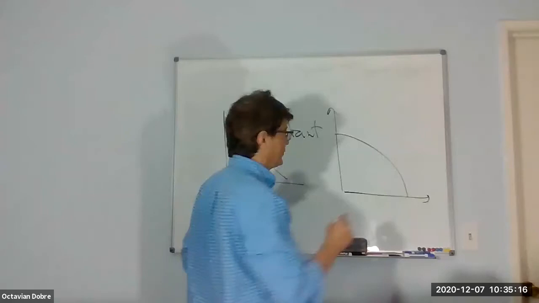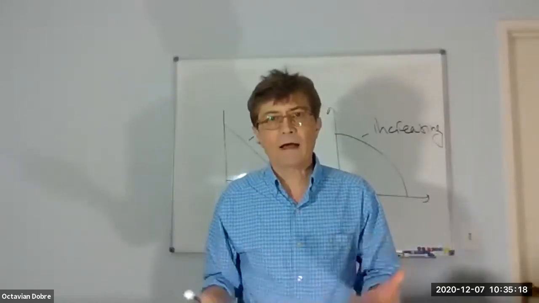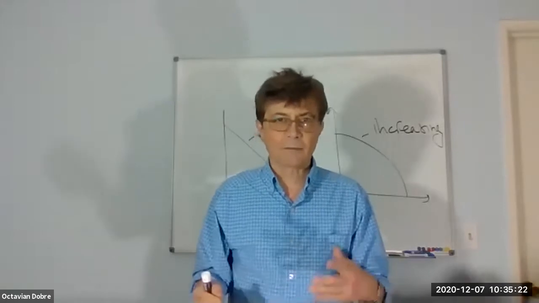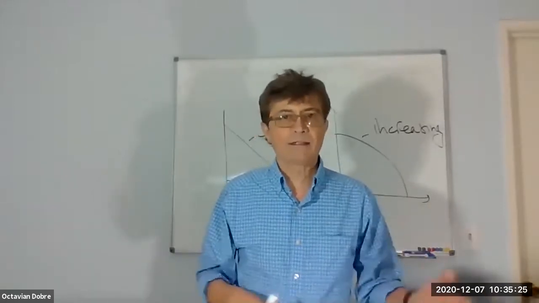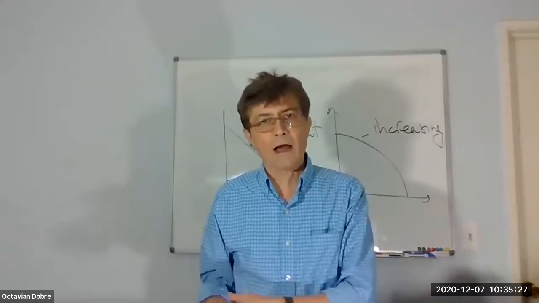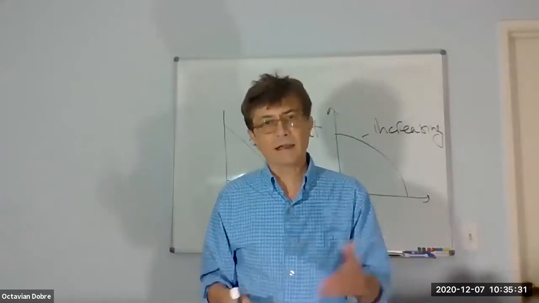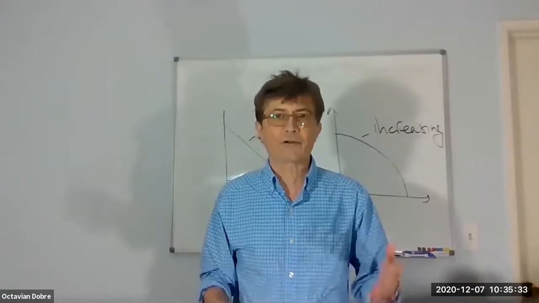Then we looked at supply and demand. And supply and demand shows the relationship between price and quantity supplied and price and quantity demanded. In the case of price and quantity demanded, we have an inverse relationship.